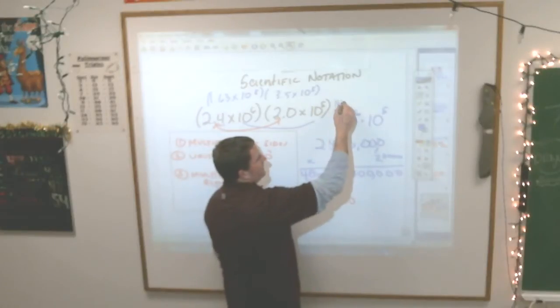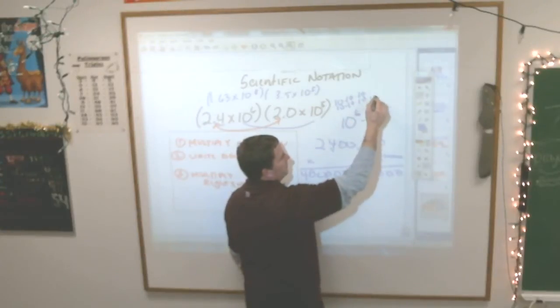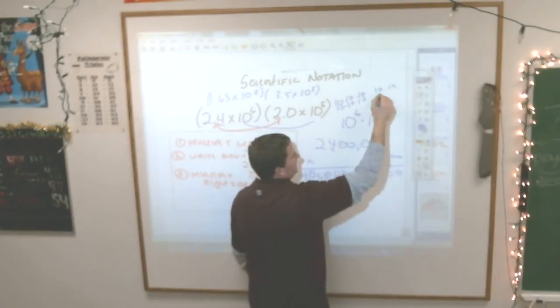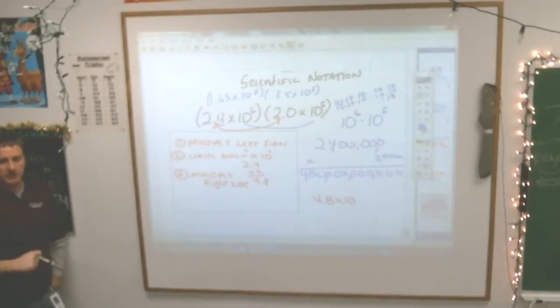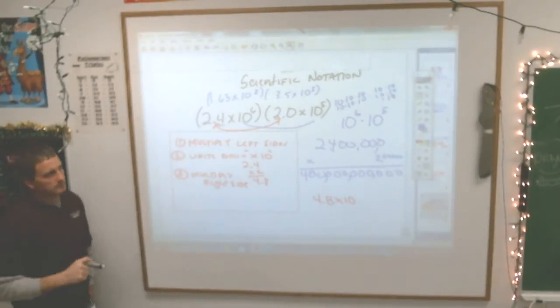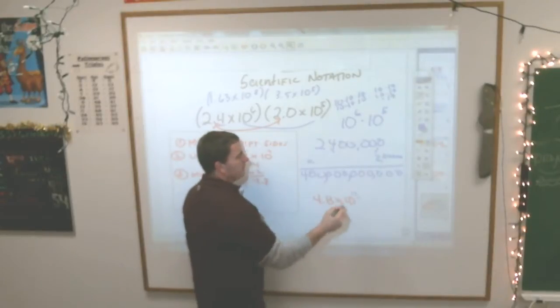This means you have 6 tens times themselves. That's what 10 to the 6th power is. And to that you're multiplying 5 tens times themselves. Which means, in essence, I am then multiplying what, Gary? It's 10 to the 11th. It is 10 to the 11th power.